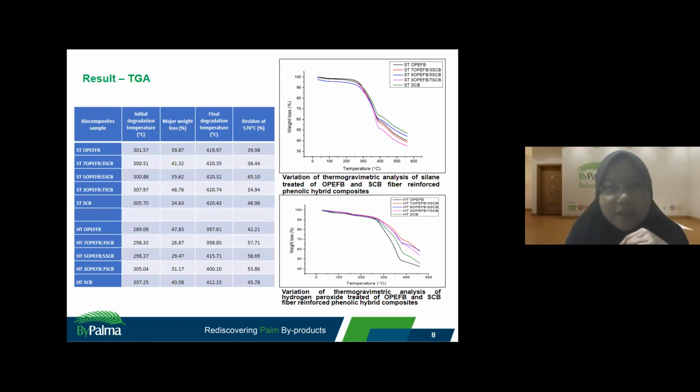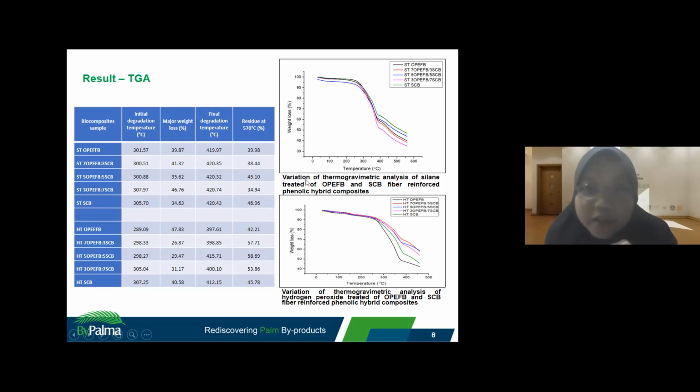Basically, this is the TGA result. We can see from the table that the ST silane treated 5 OPEFB 5 SCB has the second highest residue left. The first is SCB.